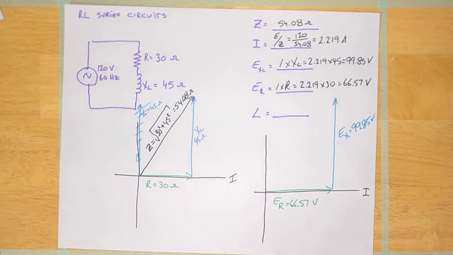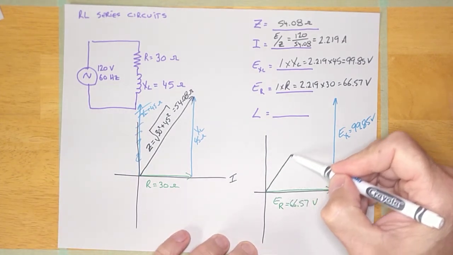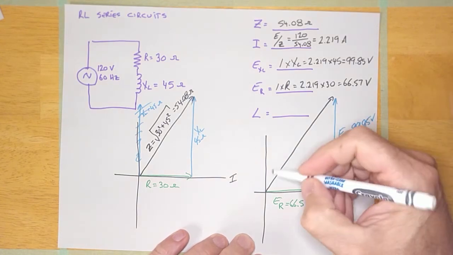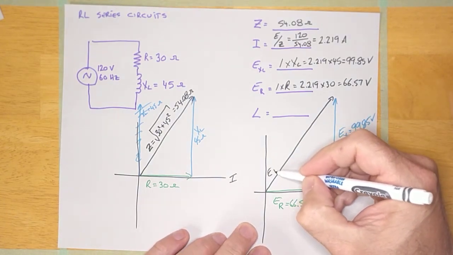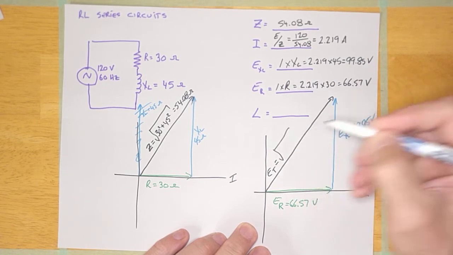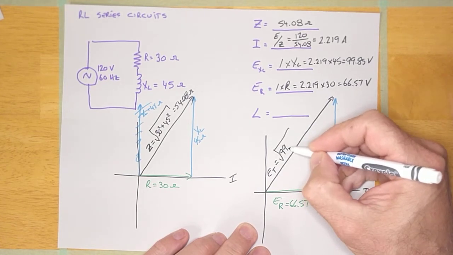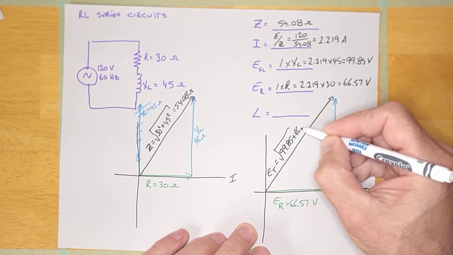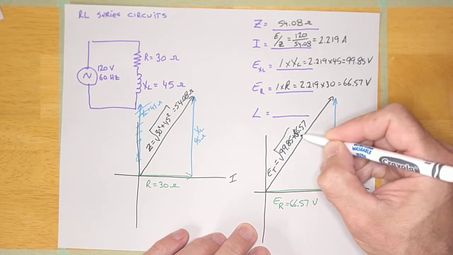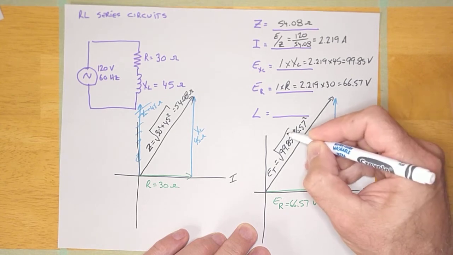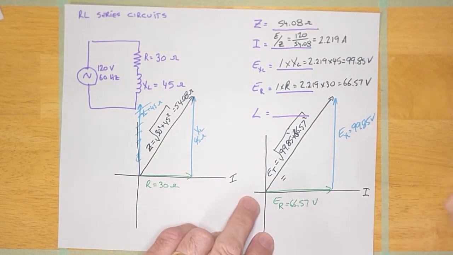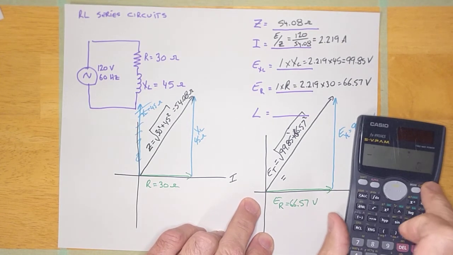All right, guys. And the sum of the two is going to be a line that starts at the beginning of the first one and ends at the end of the last one, and it's going to be E total. And it should be equal to the square root of 66.57 squared plus 99.85 squared. So let's calculate that for a second just to see if we're on the right track here.